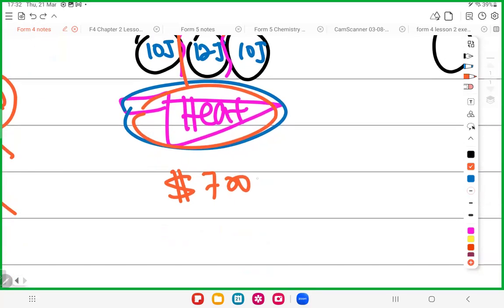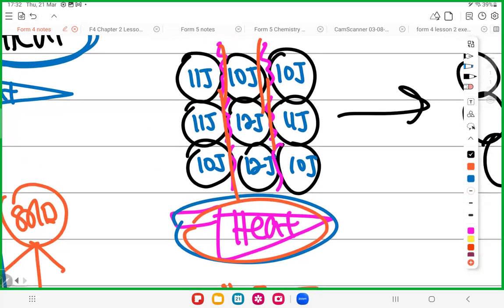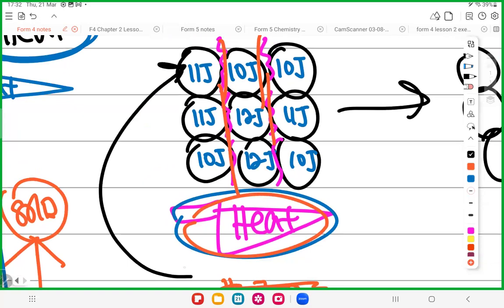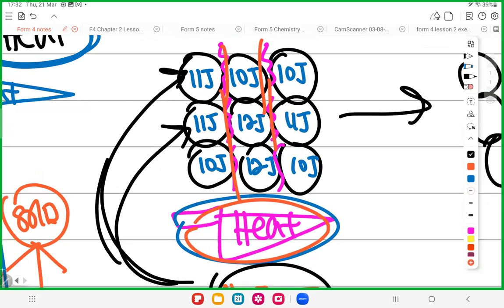So now all the $700 is gone, no more. When you have no more extra money, do you think you can give the heat to the particle? Do you think the money can go inside the particle now? Yes or no? Can the heat go into the particle?